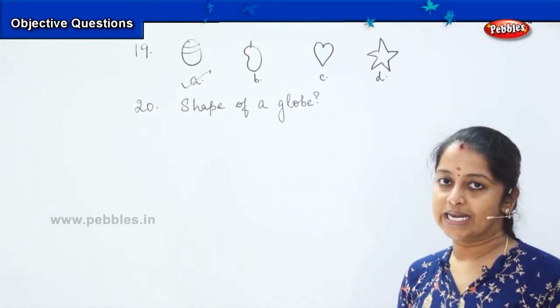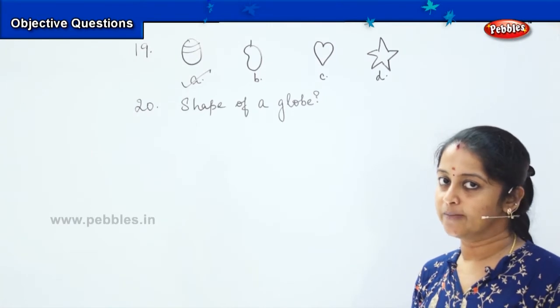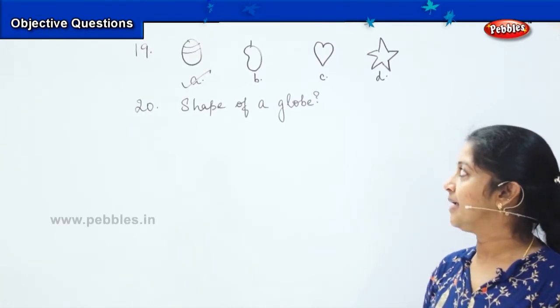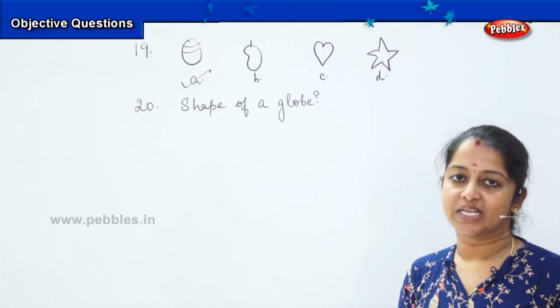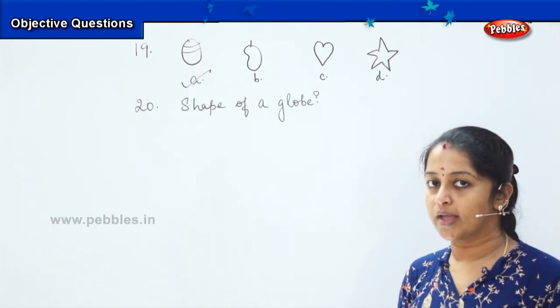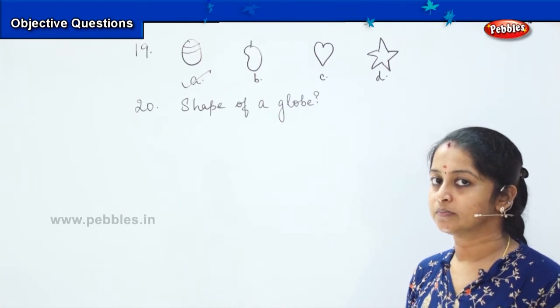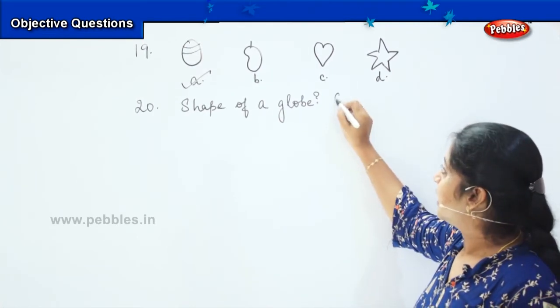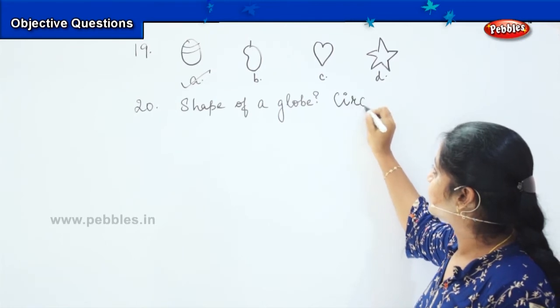The water bodies, the land, the countries, many things, right? So now you have to tell me what is the shape of the Earth. Is it a rectangle or a triangle or a square or a circle? Good. Your answer is circle.